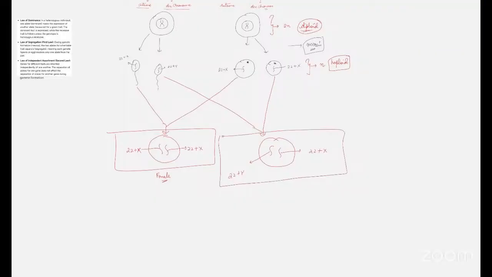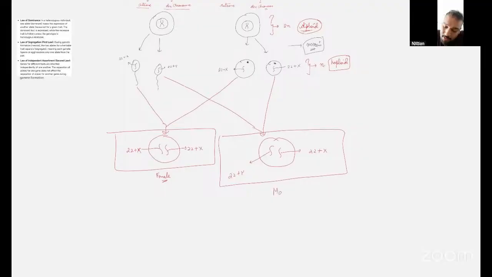Male, because it restores 44 plus XY. So in the end, one will have 44 plus XY and the other will have 44 plus XX. This is how sex determination happens.